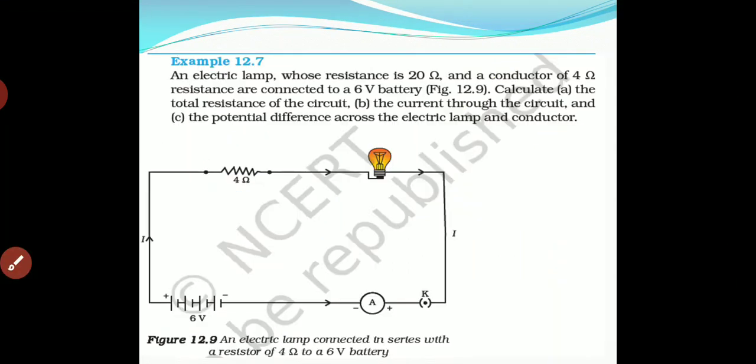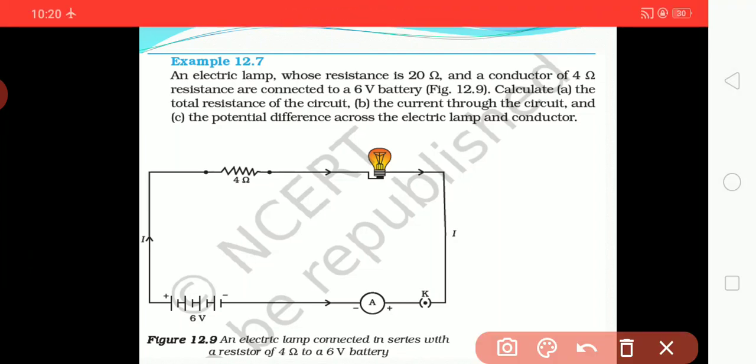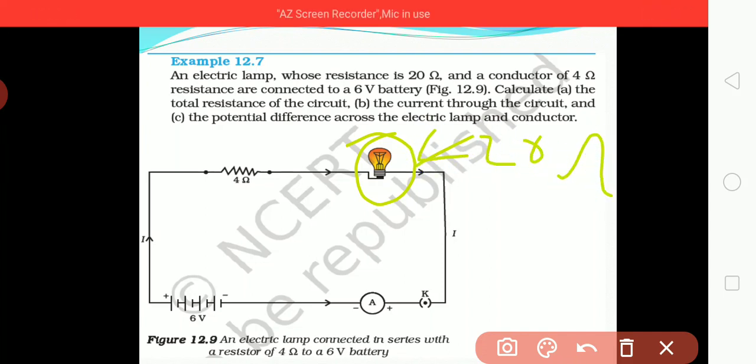Now example 12.7. In example 12.7 you can see that an electric lamp whose resistance is 20 ohm, and a conductor of 4 ohm, are connected to a 6 volt battery.